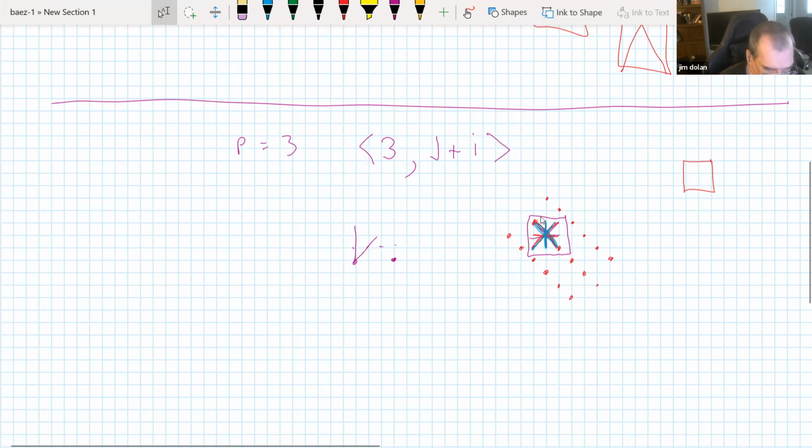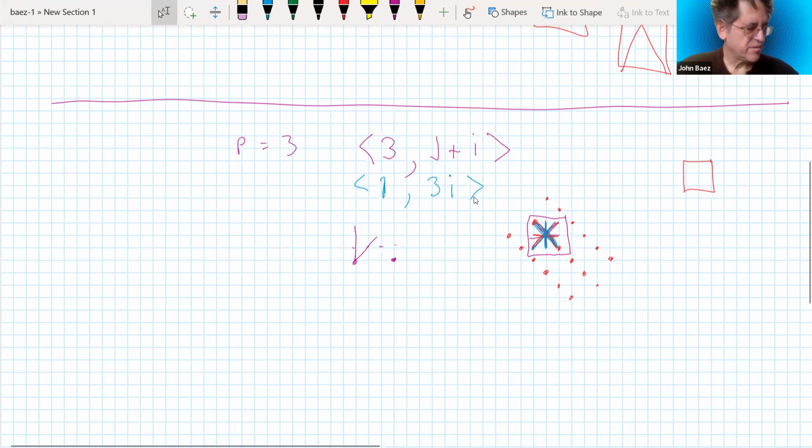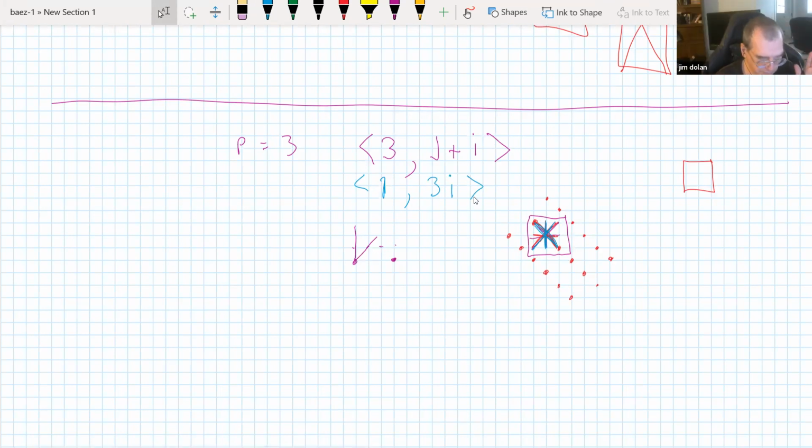So the horizontal line is generated by 1 and 3i or something like that. Oh, is that what it is? Okay. Oh, I see. Ah, sneaky.